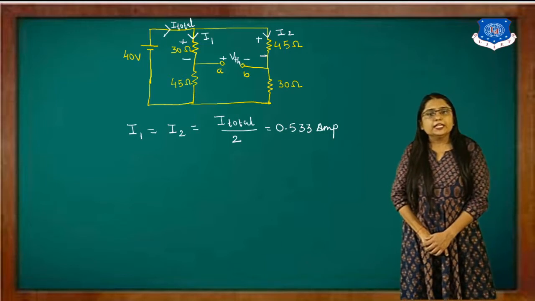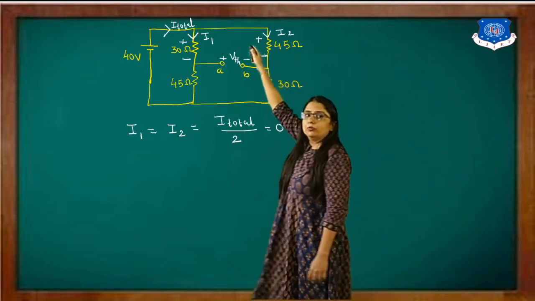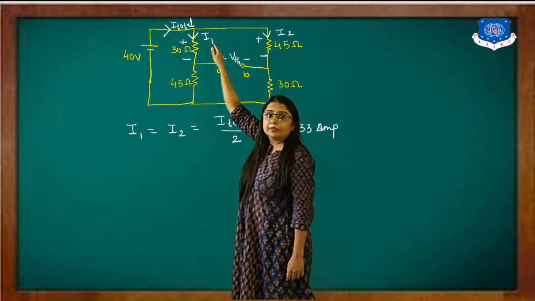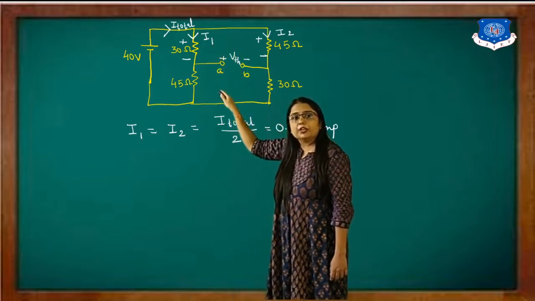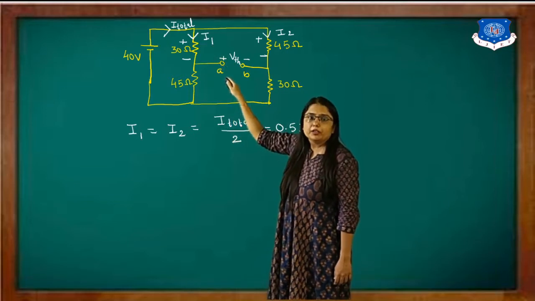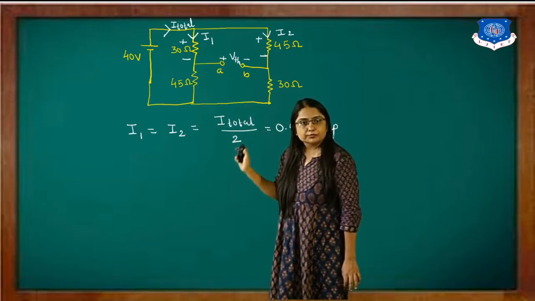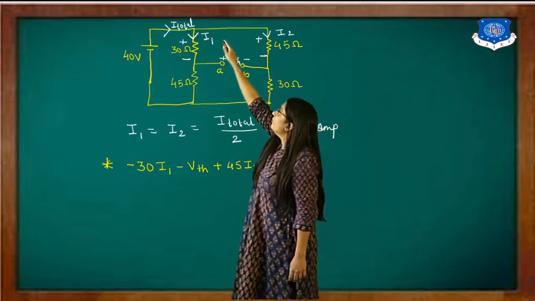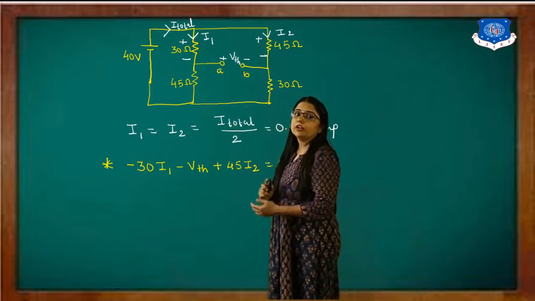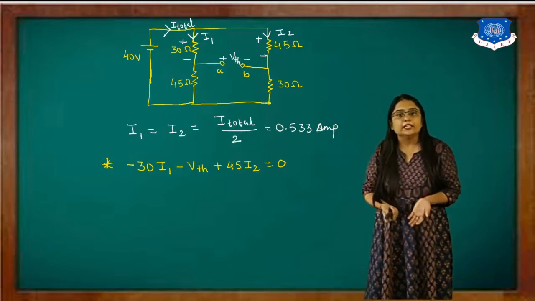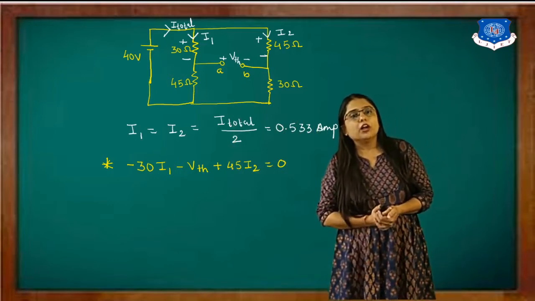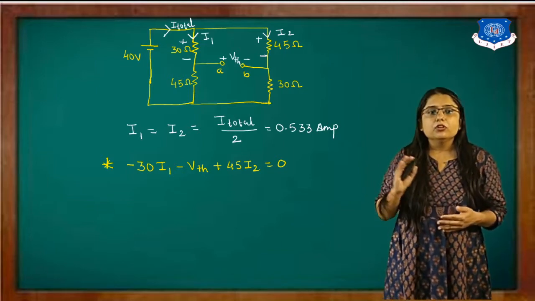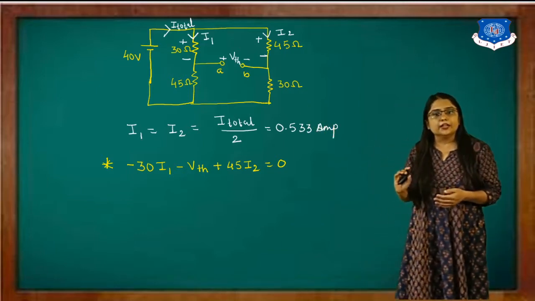Now you just apply the KVL in this upper loop. In this particular loop, you just apply the KVL. If you want to use the other loop, you can use that loop. There is no problem. You will get the same answer. Now here, from positive to negative, we have to write that voltage drop as negative, because the sign is changing from positive to negative. So that is minus 30 I1.